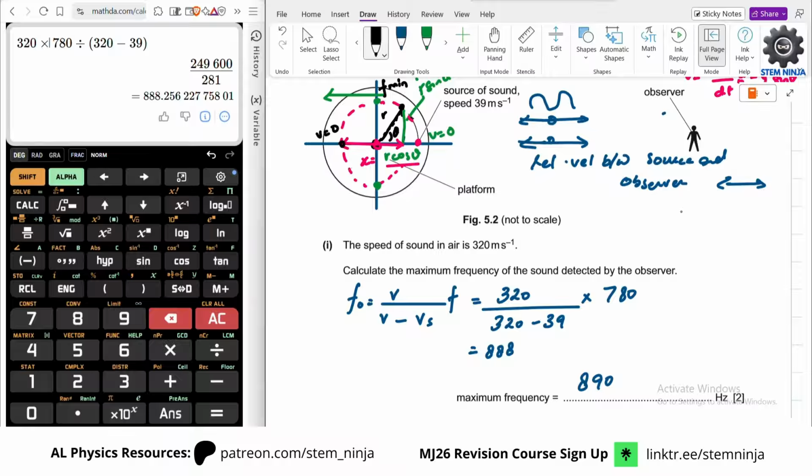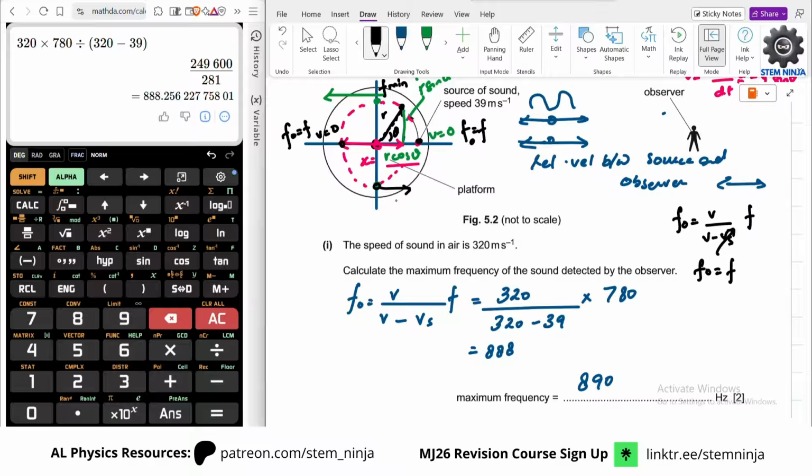Because we have f naught is equal to v over v minus vs, if vs even becomes 0, then v over v would become 1, and f naught would be equal to f. So if the source is temporarily stationary, f naught is equal to f, and this point is moving towards the observer.